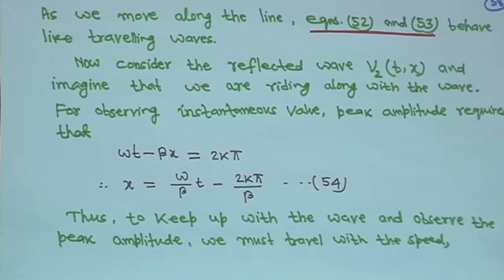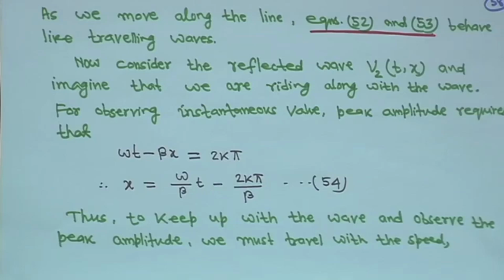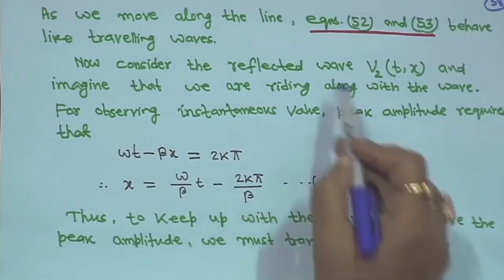That means, if you want to see the peak amplitude of the travelling wave, you must move with the same speed as the wave speed; only then can you observe the peak.